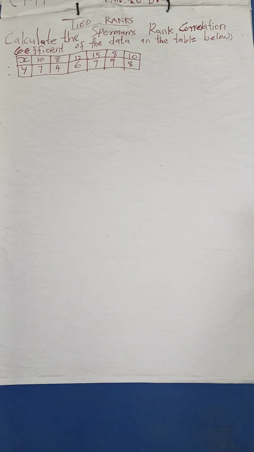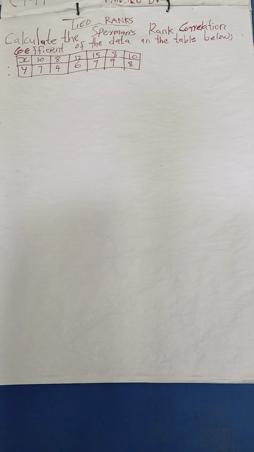Now, if you have been given such a question and you want to see the relationship between the two variables, X and Y, maybe we are comparing the performance of two units, Statistics 1 and Statistics 2.